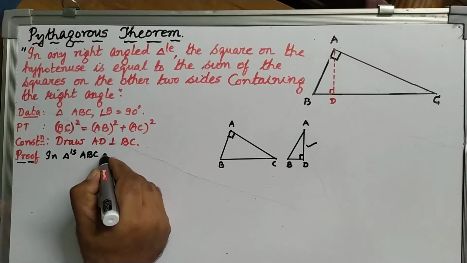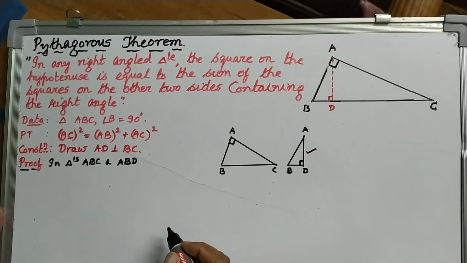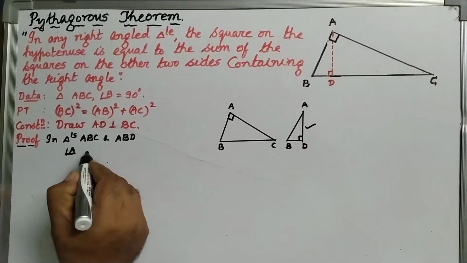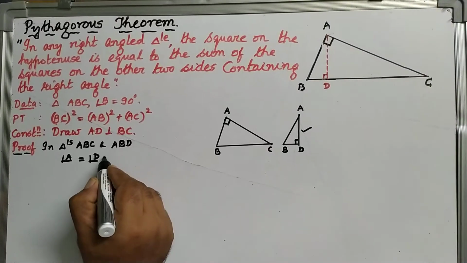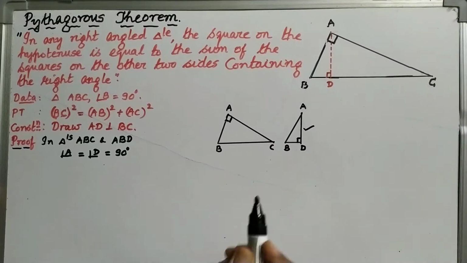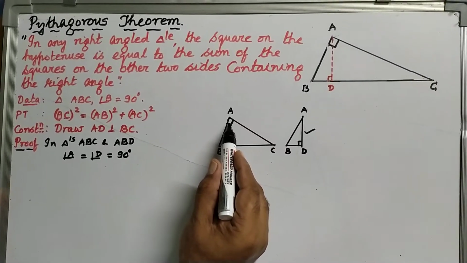ABC and ABD, in these two triangles ABC and ABD, angle A of the first triangle is equal to angle D of the second triangle. Both are equal to 90. Angle A was 90, which was given to us in the data.